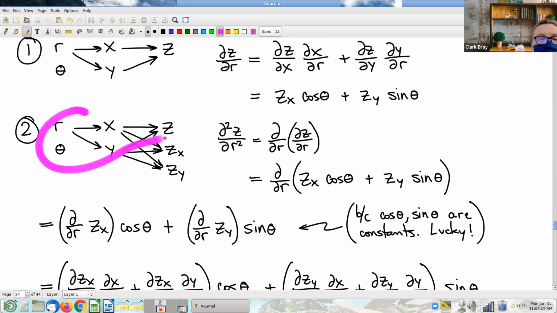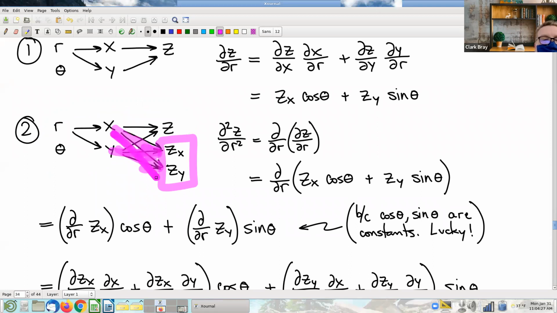Here's our original diagram, but now we are going to directly represent that the partials of Z are also functions of X and Y. And there they are on the diagram saying so. Now that I have them on the diagram, let's go ahead and proceed.